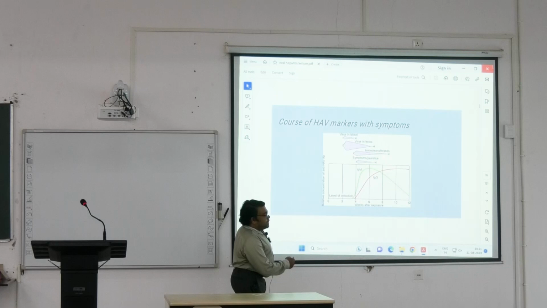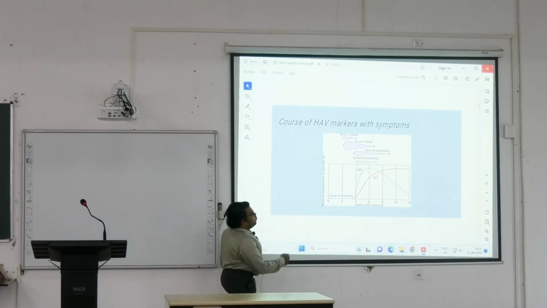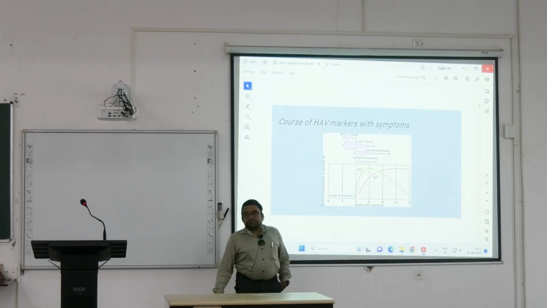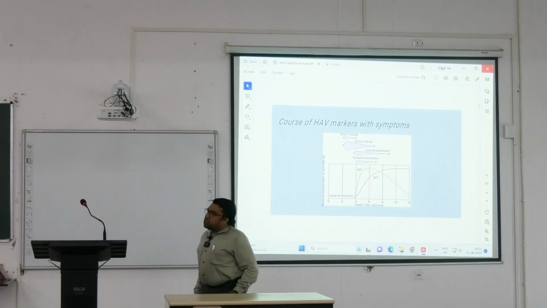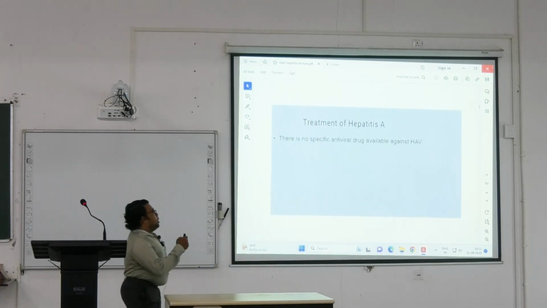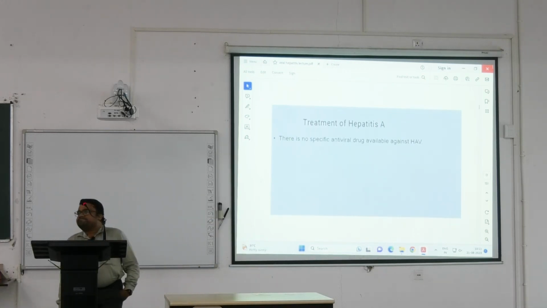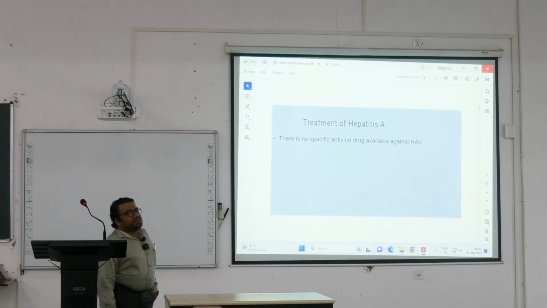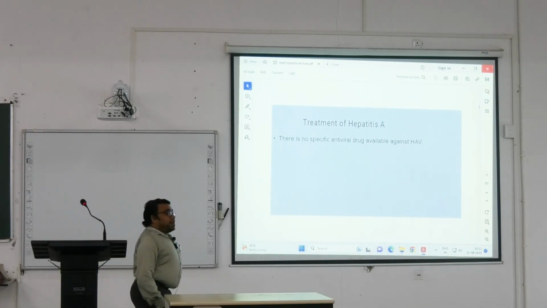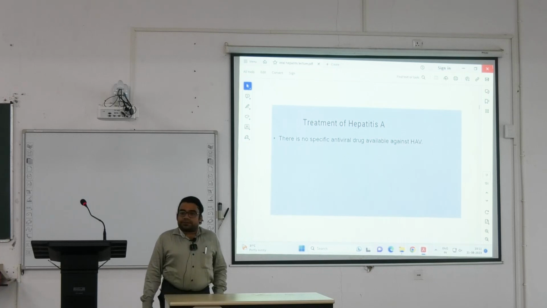So will the antibodies. However, if we look at this, the virus is present in blood and fecal matter about 2 weeks previously. Okay, understood? Now, treatment. There is no specific treatment. So, the management is basically symptomatic.